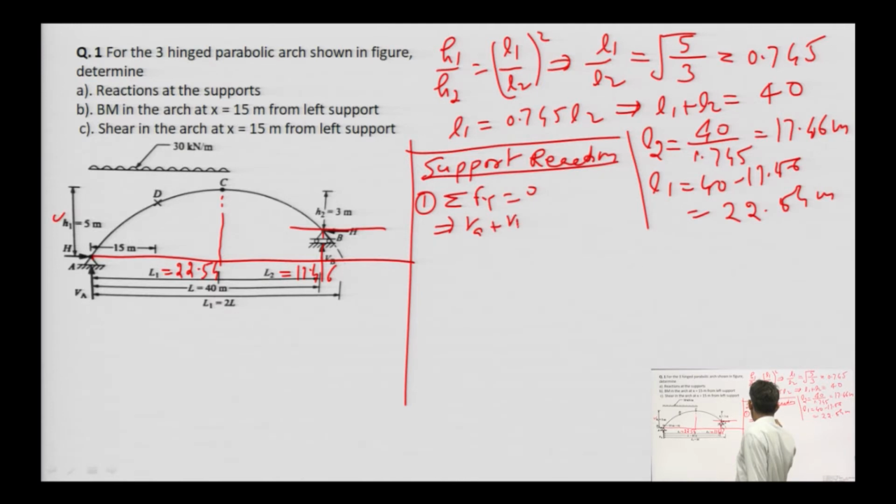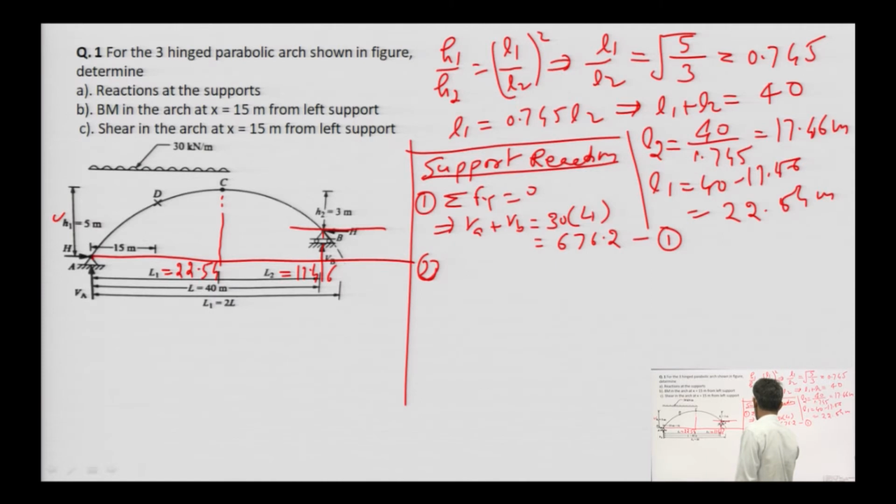So, VA plus VB gives us 30 into the distance L1. So, this is 30 into L1, and 30 into 22.54 is 676.2. That is equation number 1.